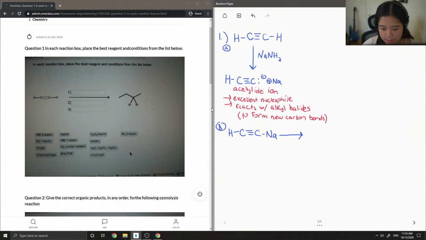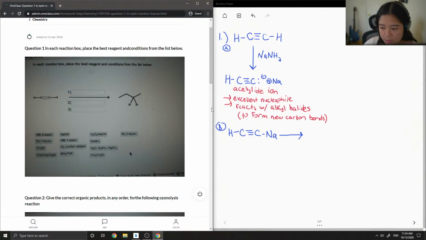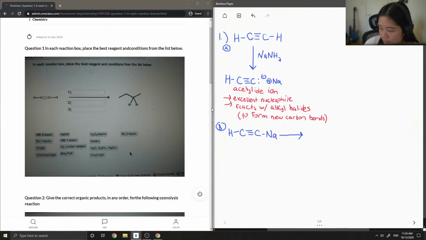So therefore, we can use just this ethyl group with the bromine there. And then we're left with this structure.